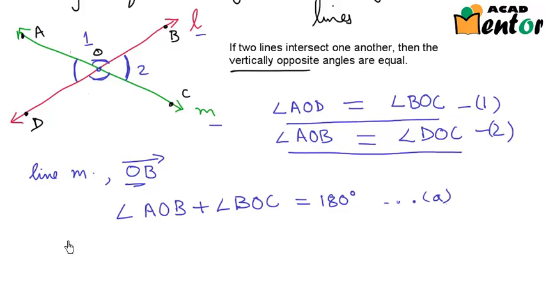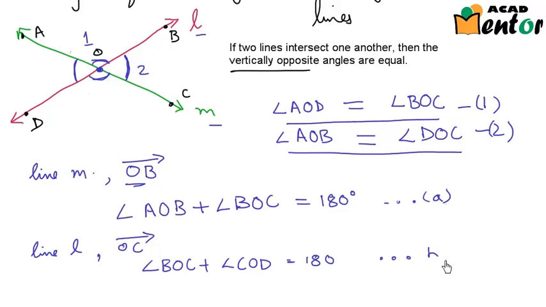So angle 1 plus angle 2 is 180 degrees because there's a ray OB standing on line M. Let us now consider line L. So this one, the red one, is our line L. Also, let me say that OC is a ray which stands on this line L. And as per our axiom, we would have this one, angle BOC, plus angle COD, this is the other one, as 180 degrees.